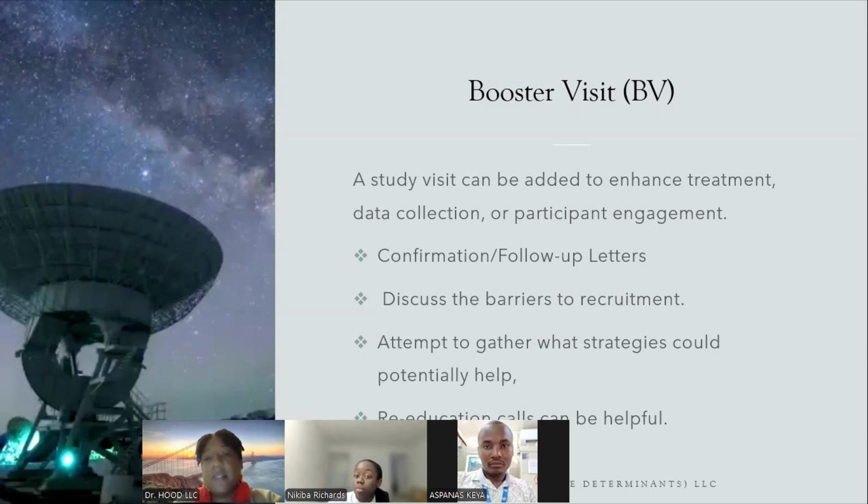Did you over exaggerate your numbers? You don't want to ask them that directly, but you want to ask them, did you have a decrease in patient population or patients interested? Was the timeline between the site qualification visit and when the study actually opened so long that those participants are no longer interested?